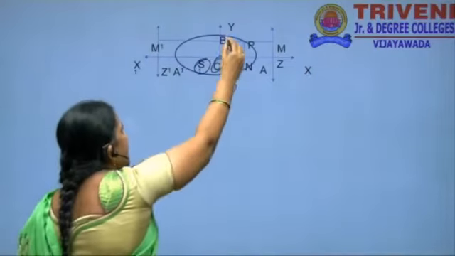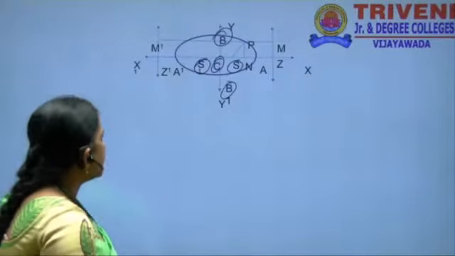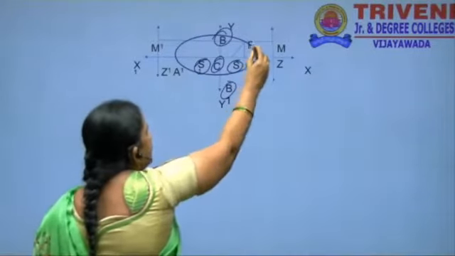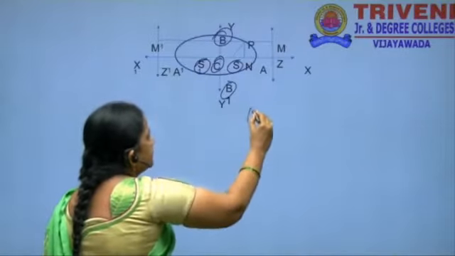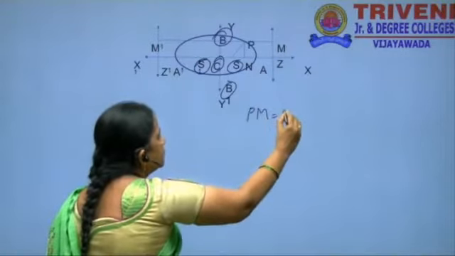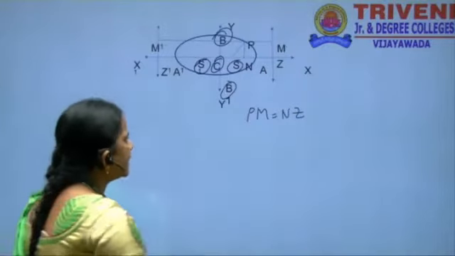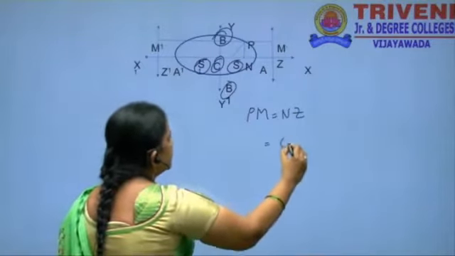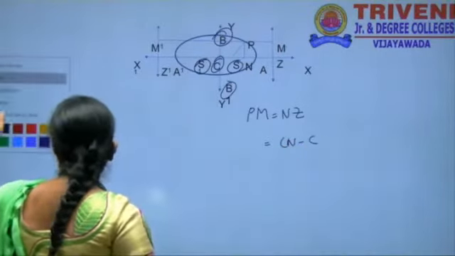B and B dash are the ends of the minor axis. Here PM is parallel to NZ, PM is equal to NZ. NZ is nothing but, what we have to write here, CZ minus CN.